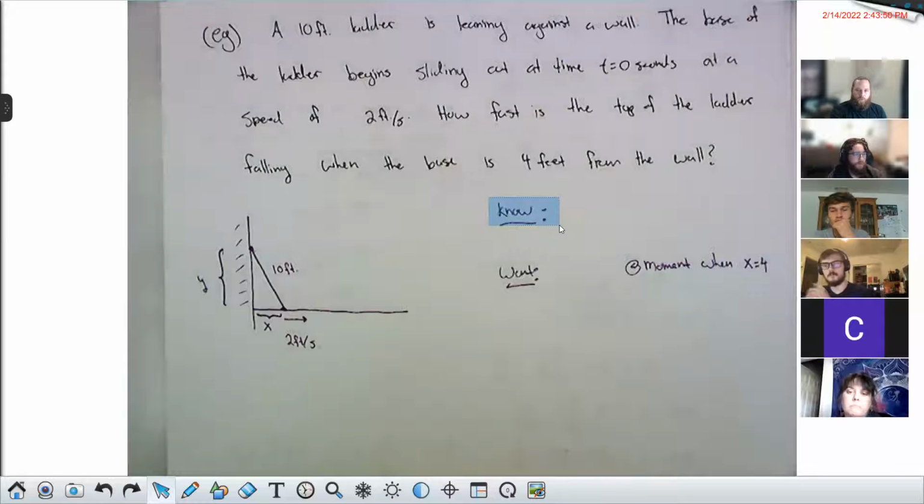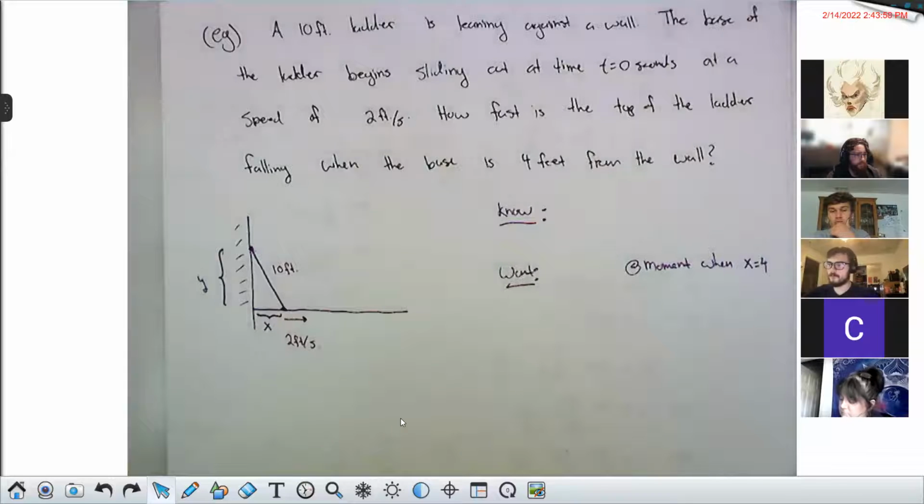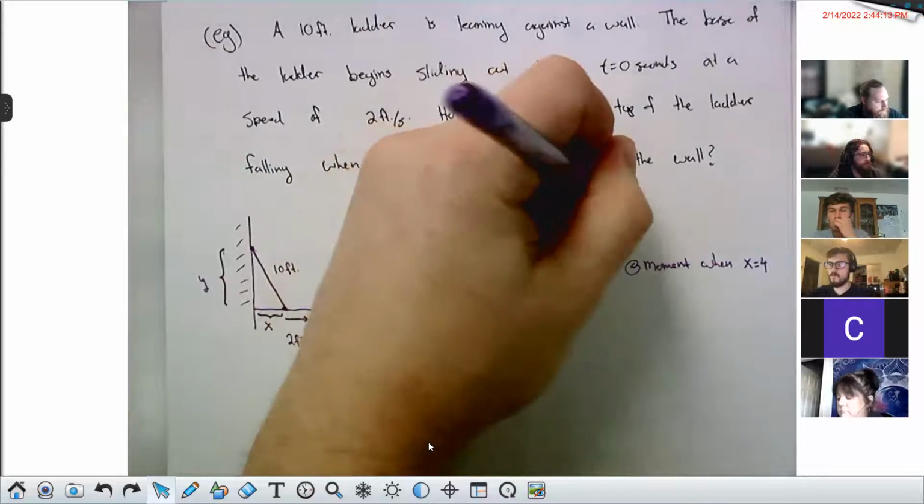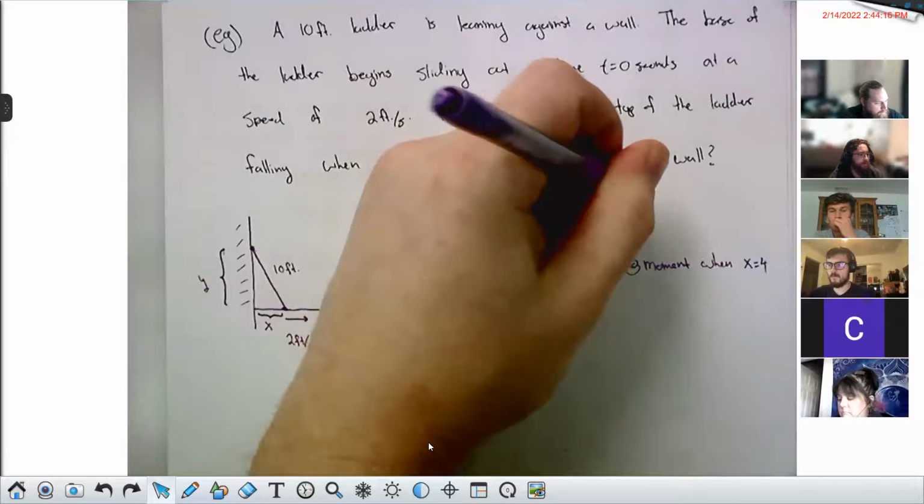What kind of derivative information do I know? What speed or rate of change was given to me, and what variable is that talking about? The derivative of x is 2 feet per second. Yeah, that's it exactly. So dx/dt is 2 feet per second.